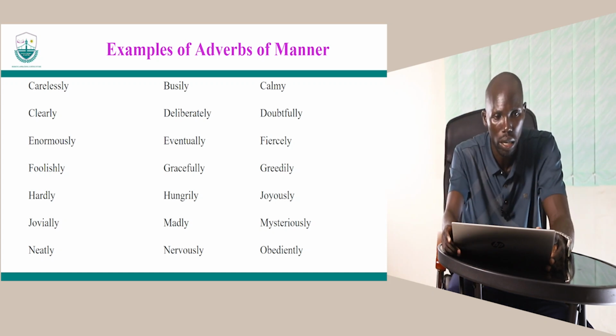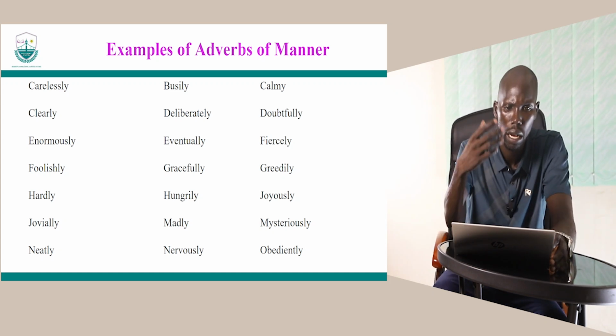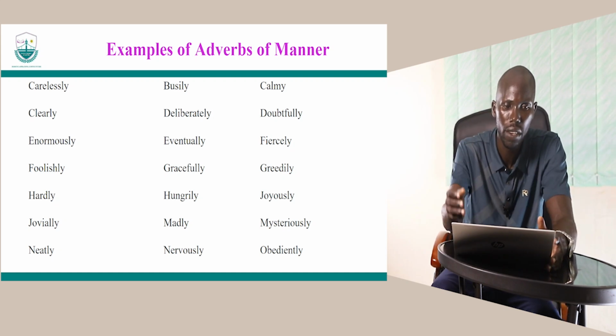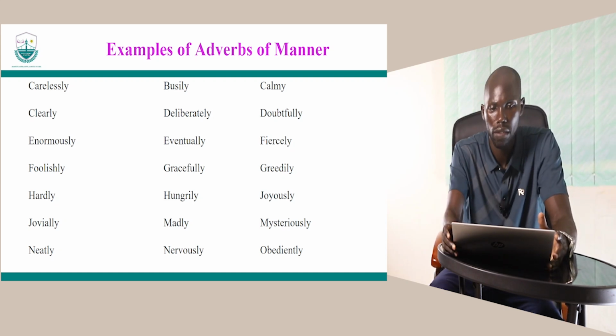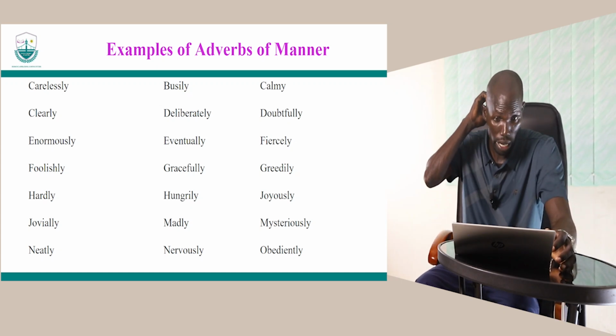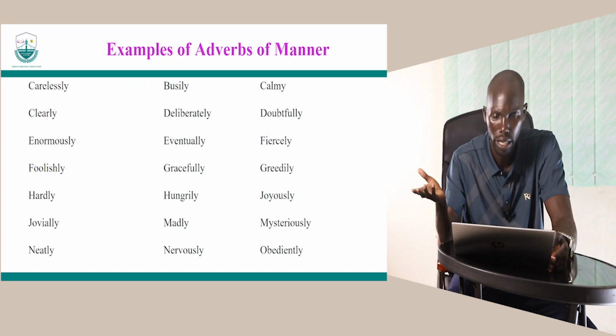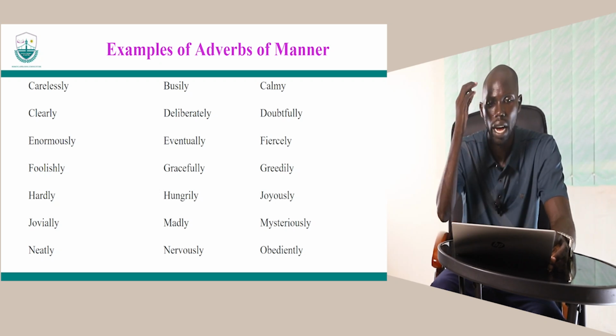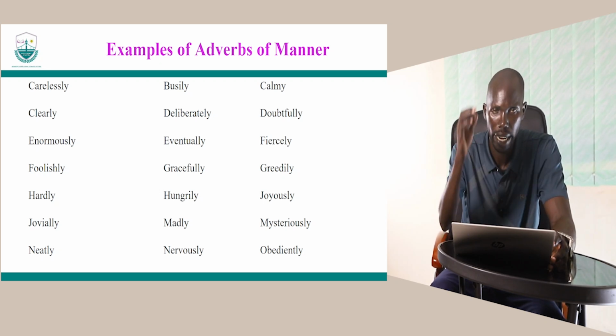The list goes on to include carefully, busily, calmly, clearly, deliberately, doubtfully, enormously, eventually, fiercely, foolishly, gracefully, greatly. Any one of these words, when used in example sentences, is said to be an adverb of manner.